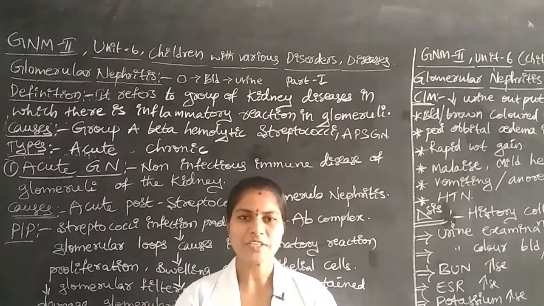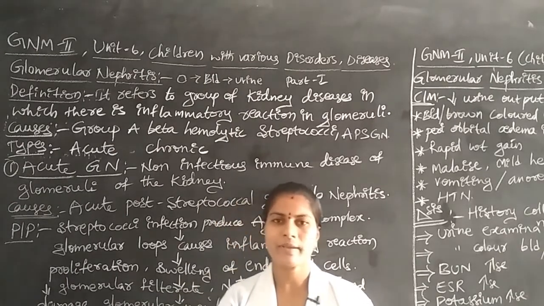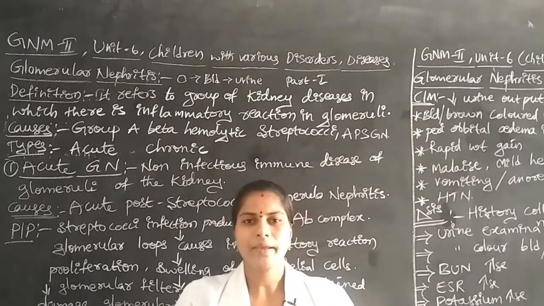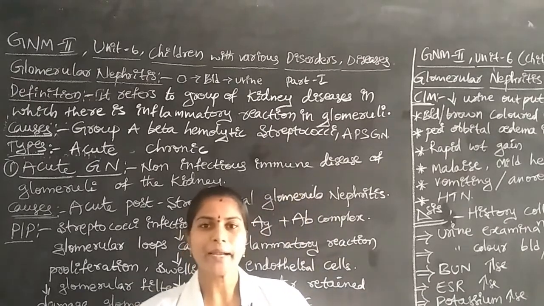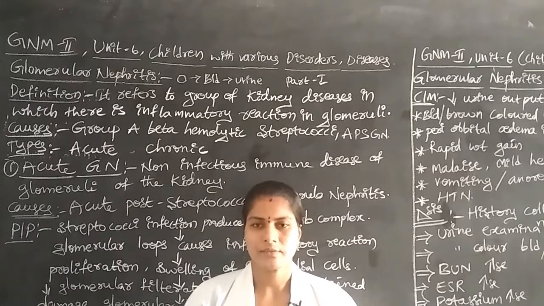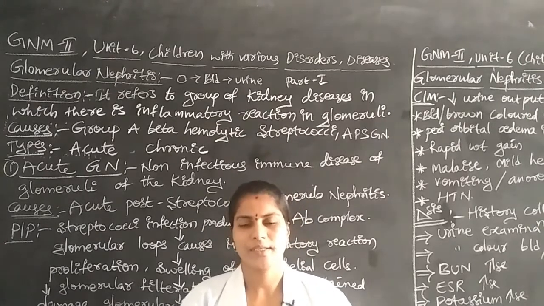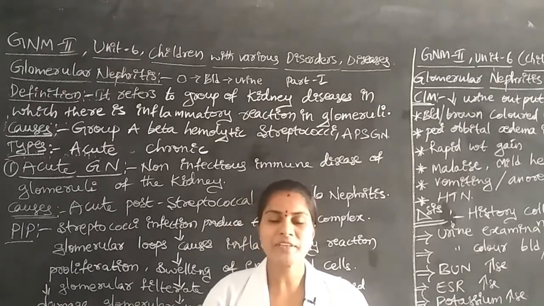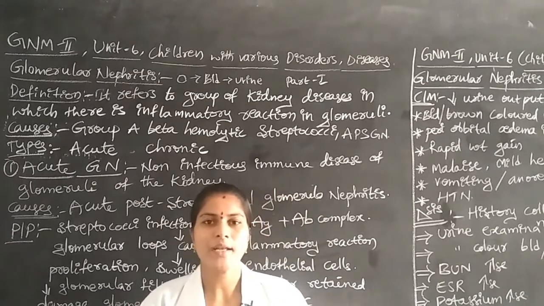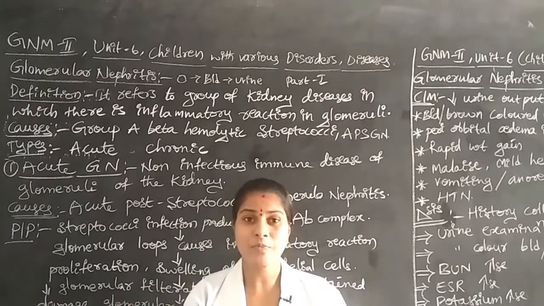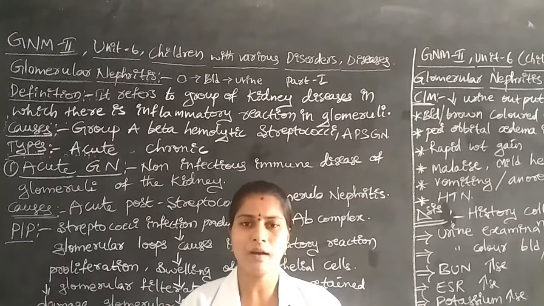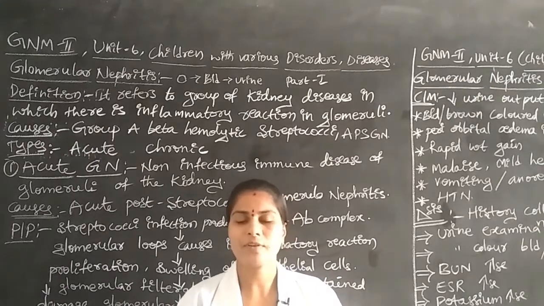What is the function of the glomerulus? It purifies the blood and forms urine, and the excessive fluid and waste products in the body are removed from the body in the form of urine.